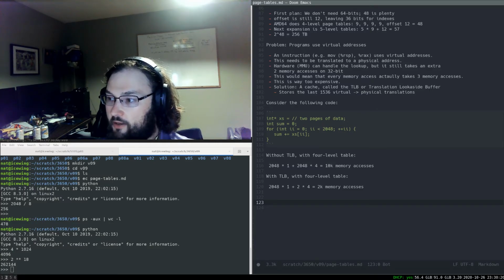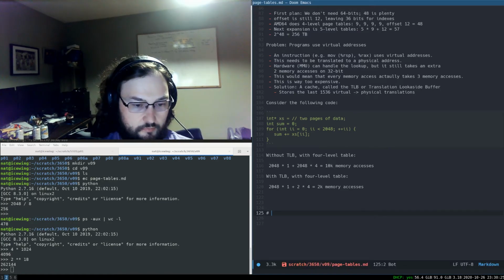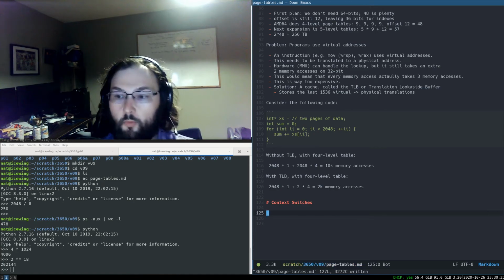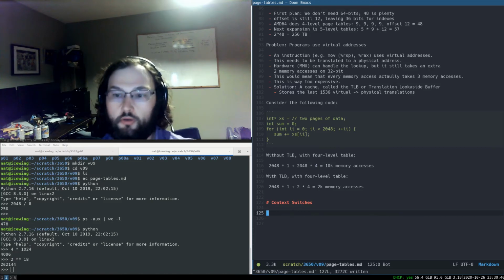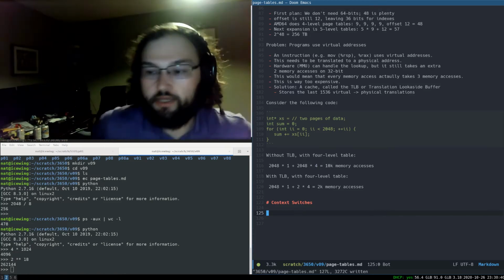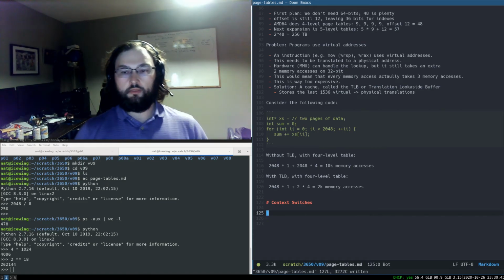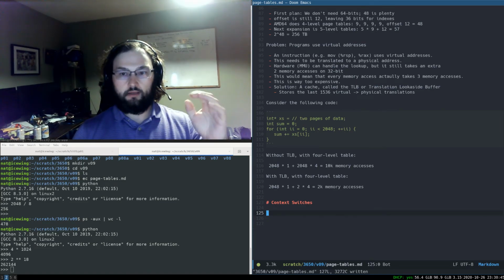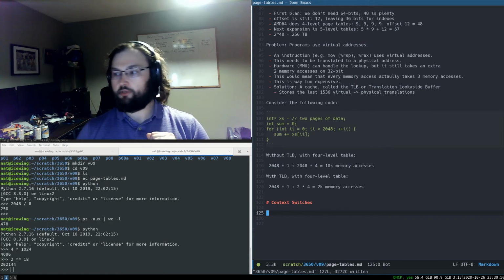All right, while we're talking about this stuff, I want to talk a little bit about context switches. When we are running along, executing code in a process, sometimes the operating system has set up a timer interrupt that will rerun the scheduler and see if we need to run another process on the same CPU core.